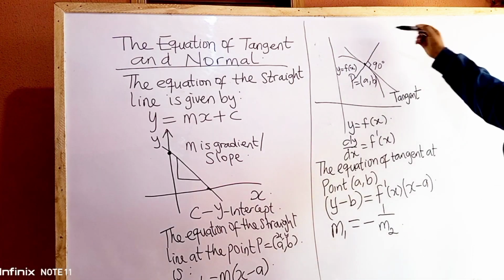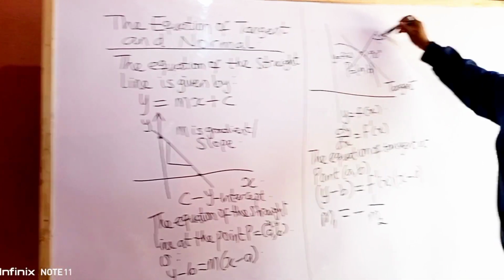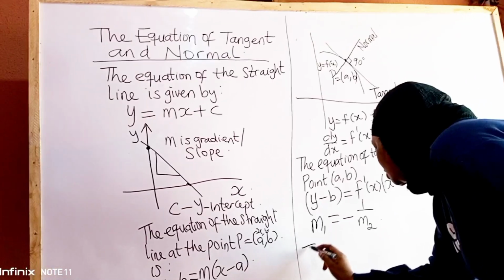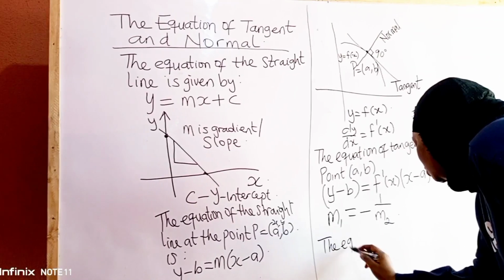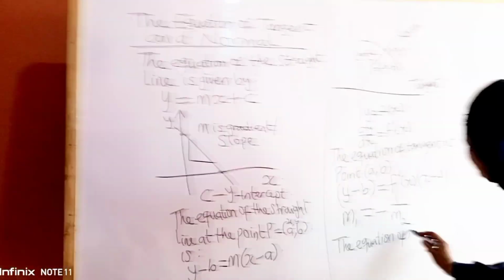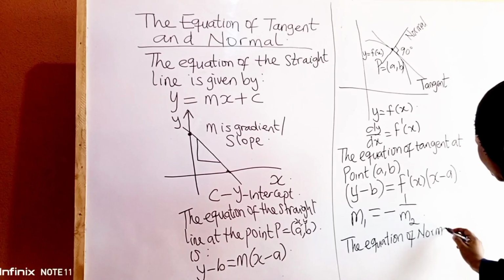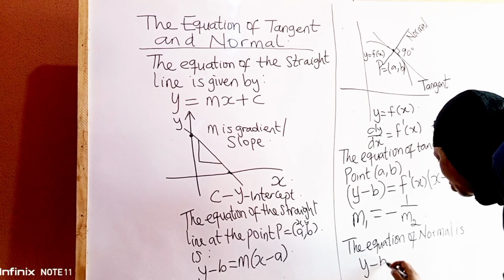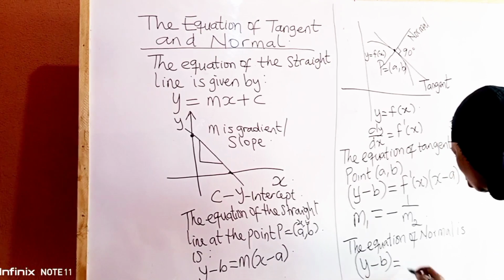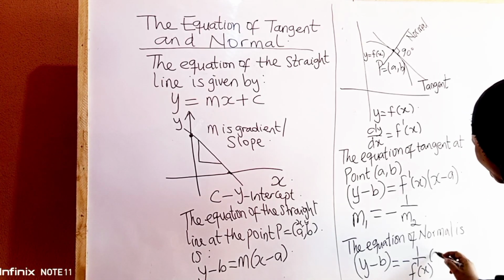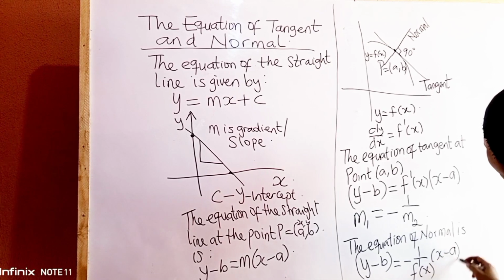Since the normal is perpendicular to the tangent, the equation of normal is given as y minus b is equal to minus 1 over f prime of x, multiplied by x minus a.